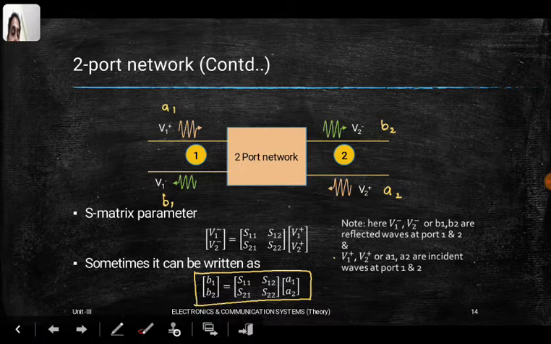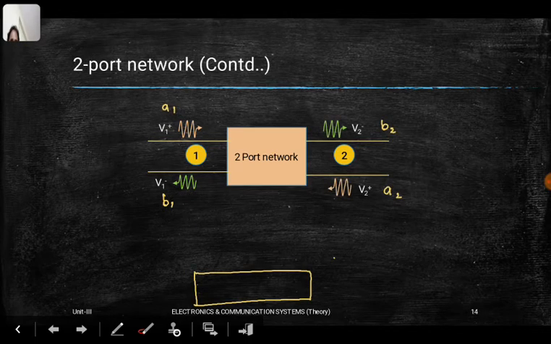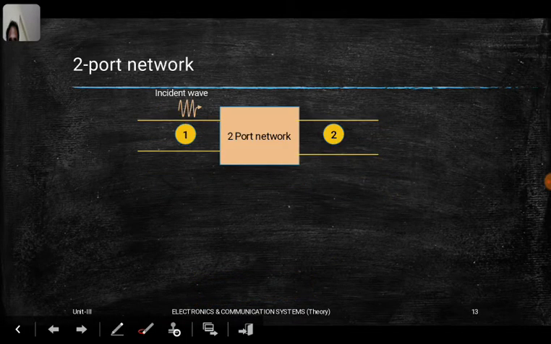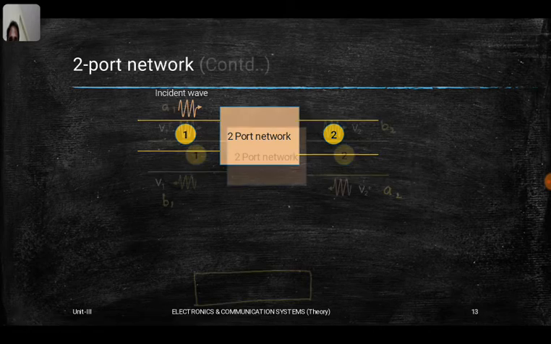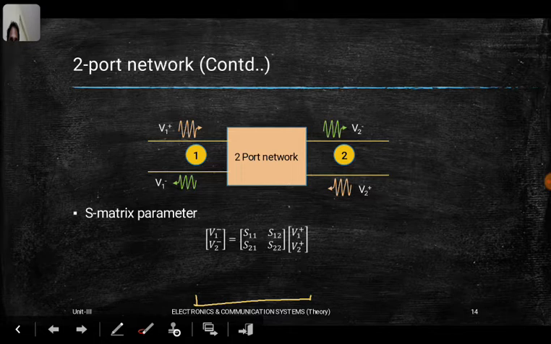Then we will go a little further into the two-port network. What do these S matrix elements refer to? I have the S matrix elements S11, S12, S21 and S22.